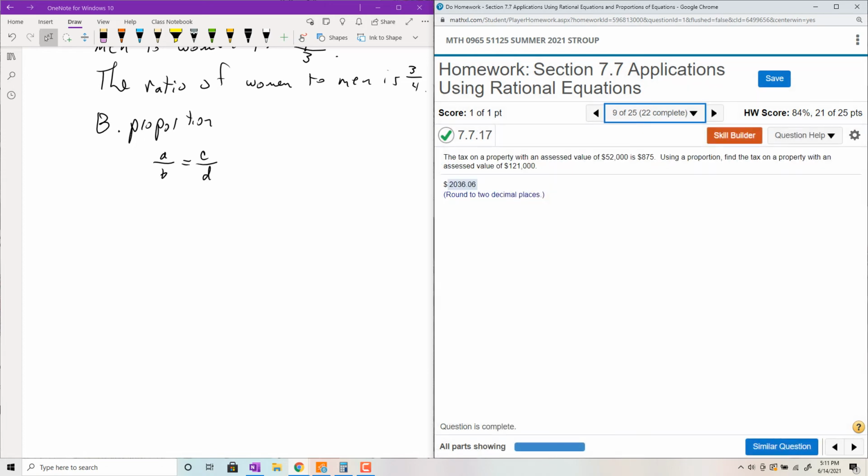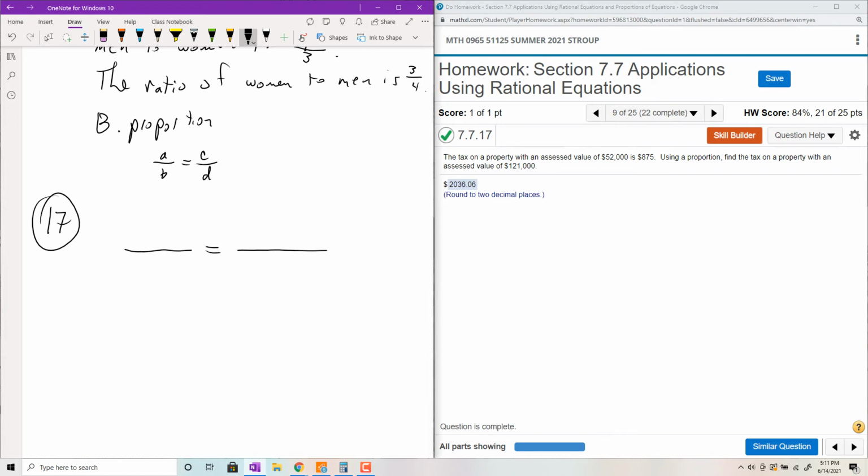this tax problem. The key to these problems is to align the units in the tops and bottoms. So the tax on a property with an assessed value of $52,000 is $875. Using a proportion, find the tax on the property with an assessed value of $121,000.